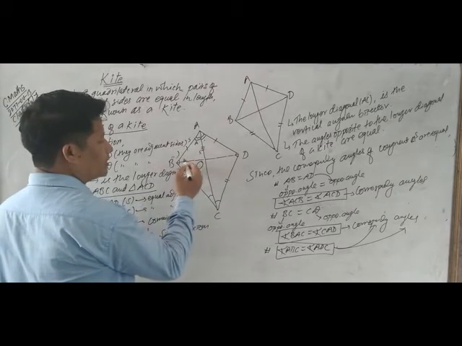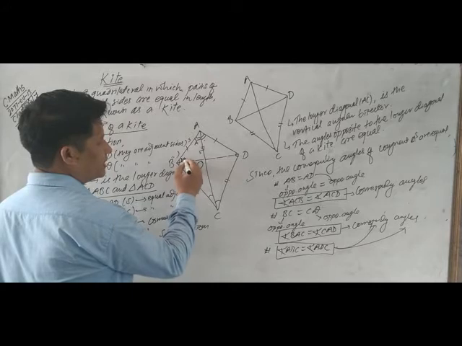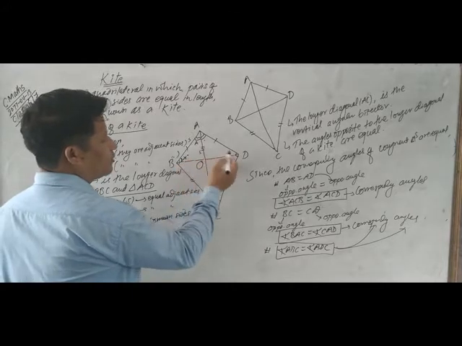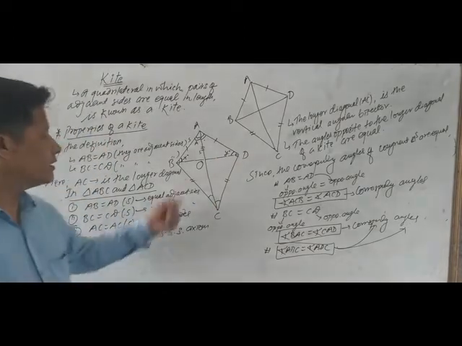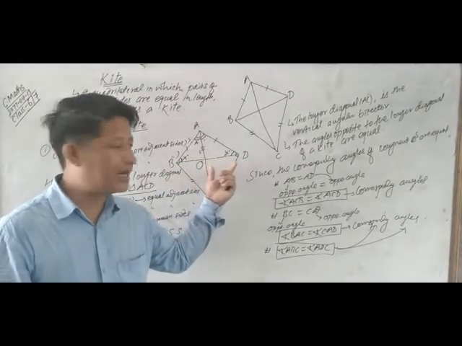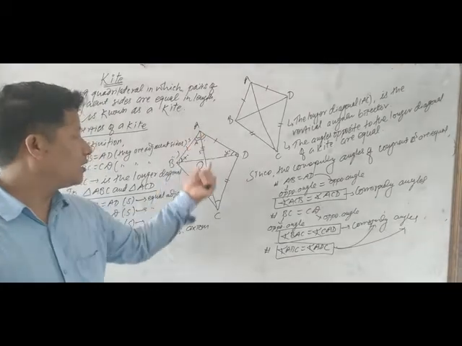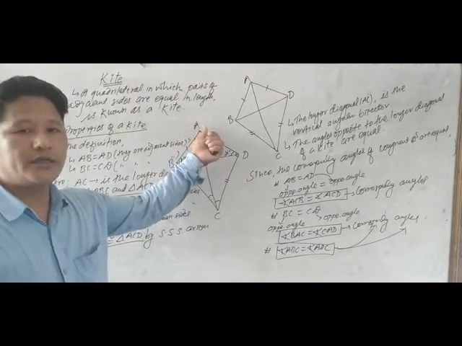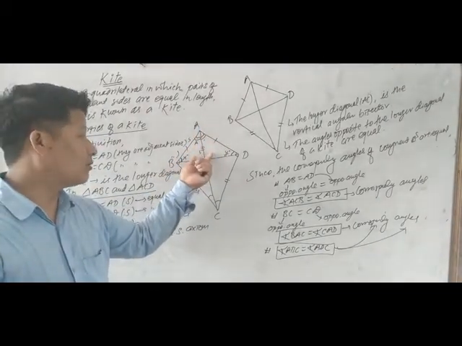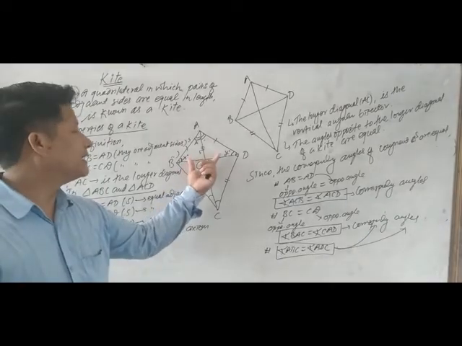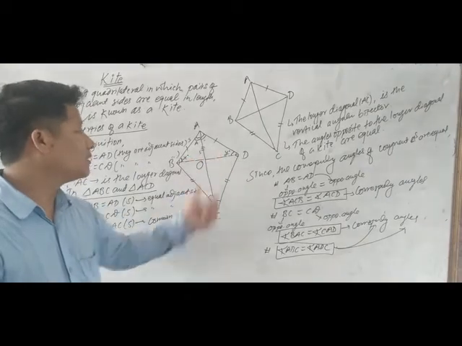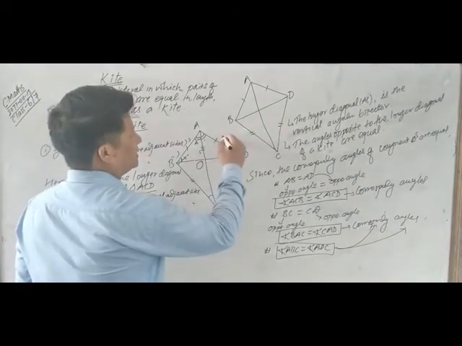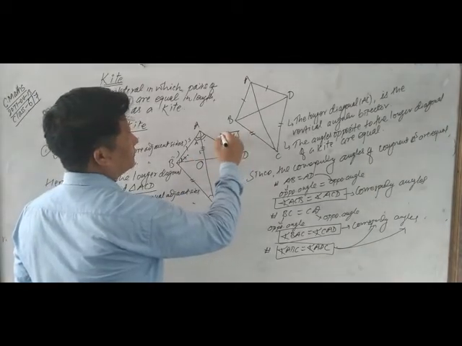Its opposite angle in one triangle, suppose it is X, and in the other triangle, suppose it is Y. The angles X and Y are opposite to the common side OA, on both triangles. That's why they are called corresponding angles. So we can easily write X equals Y.